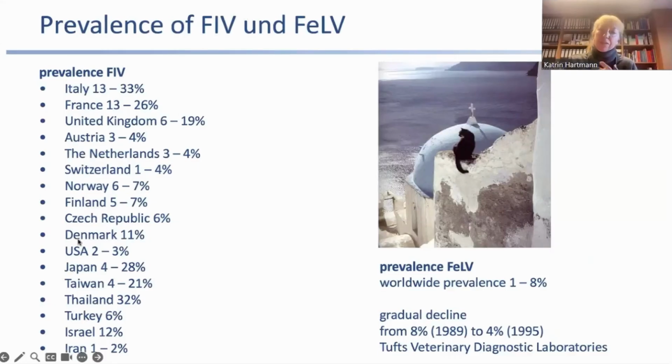However, recent studies have shown that there is also a certain difference between countries, and I will show you that later in a few large studies that we have done. For FeLV, we know there is a decline in prevalence, which is not the case for FIV. FIV is pretty much stable in the population. So FIV is there at a certain prevalence.